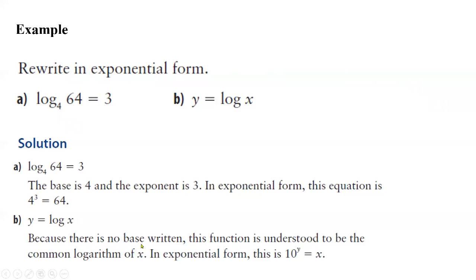As I said, because there is no base written, this function is understood to be the common logarithm of x, which has a base of 10, right? So this is 10 raised to the power of y equals x, okay? So as you can see here, the logarithm is just another expression of the exponential form, okay?